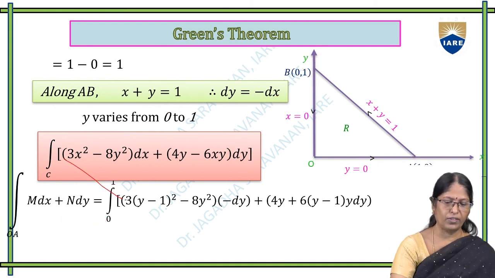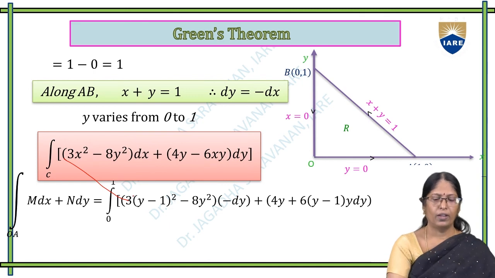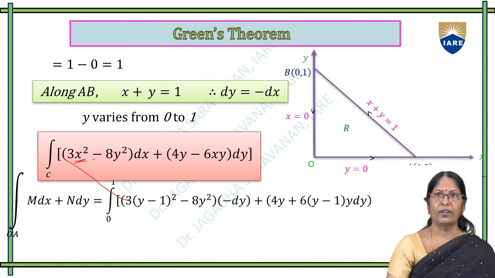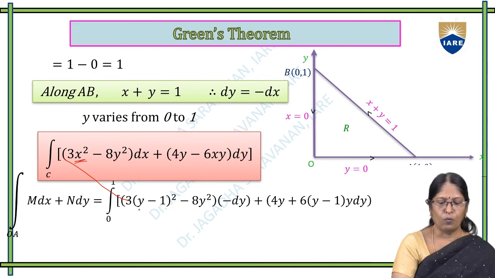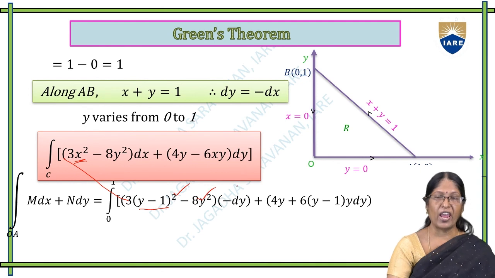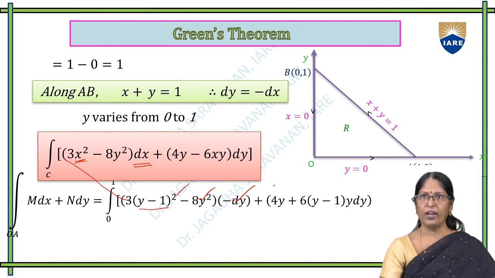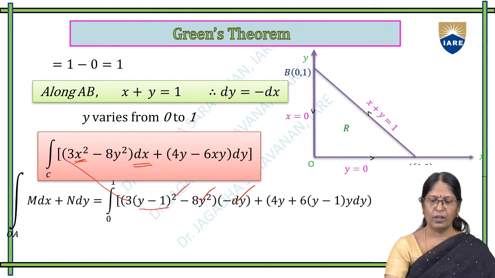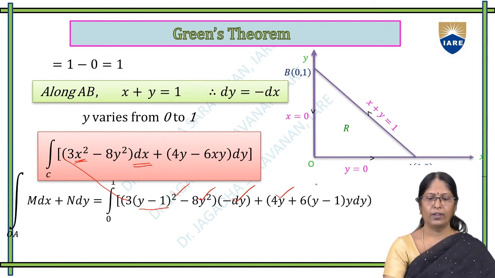Here 3 is written as it is. Here y minus 1 the whole square. Here minus 8y square, this dx is nothing but minus dy, plus 4y.